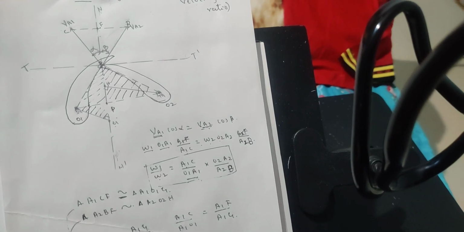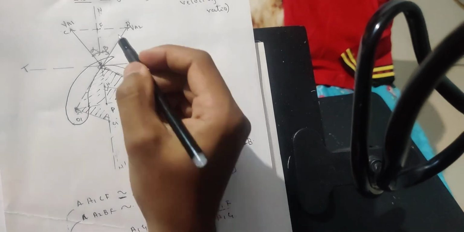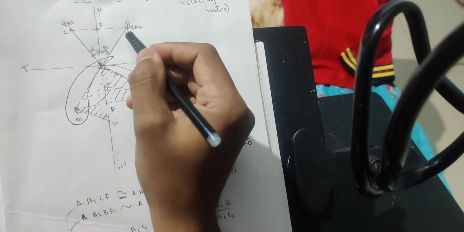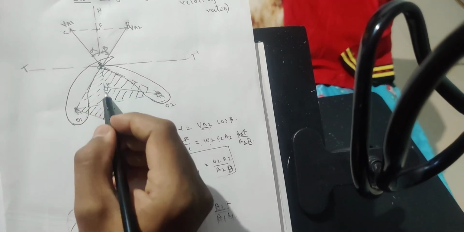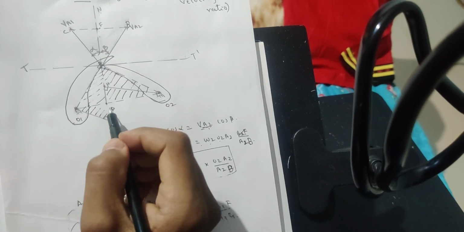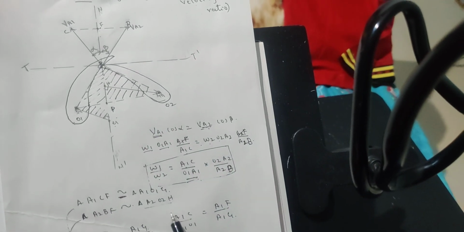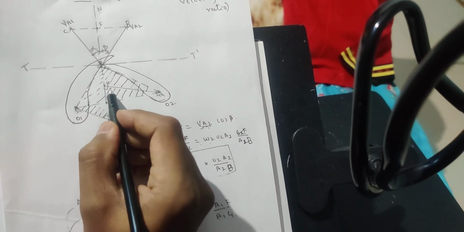Similarly, I have taken one more: A2F upon A2B should be equal to A2H upon O2A2. The triangle we have taken is A2O2H, and this is also 90 degree.